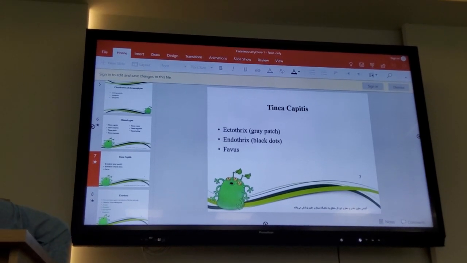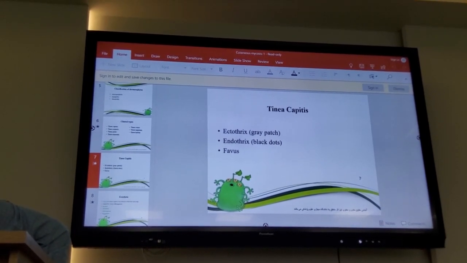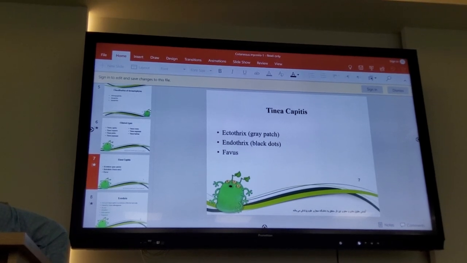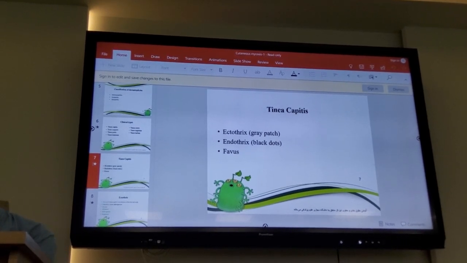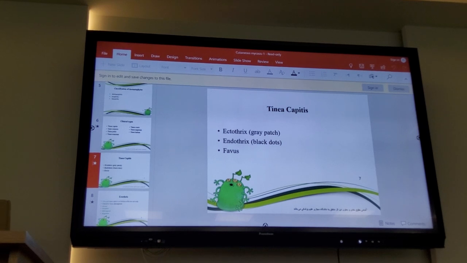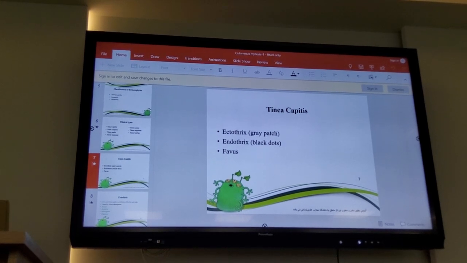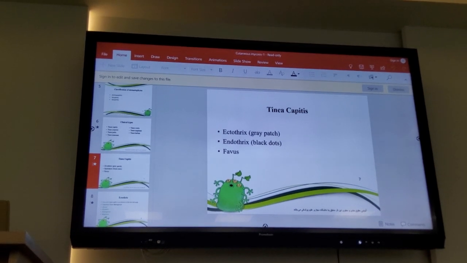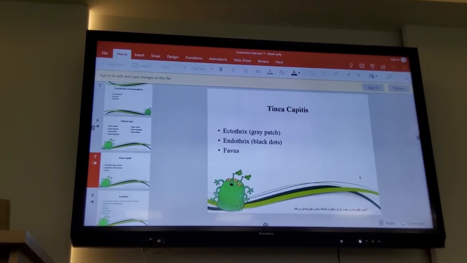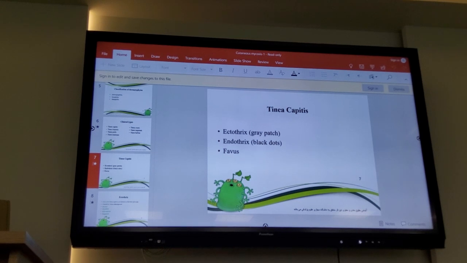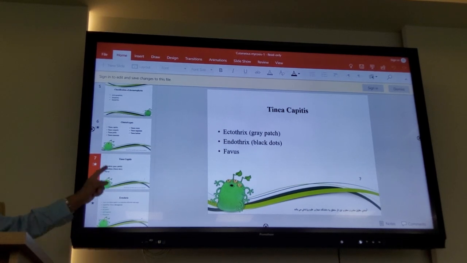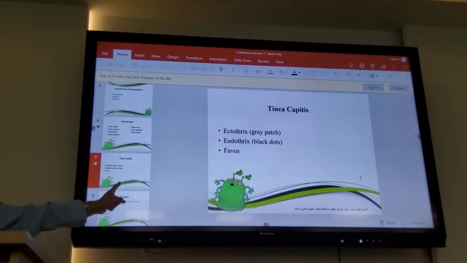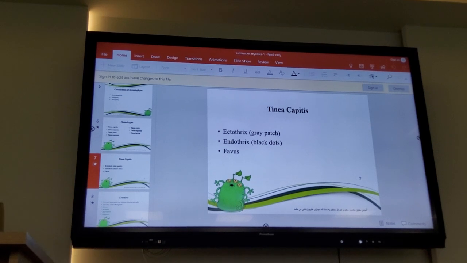We have three types of tinea capitis, not only in clinical but also in laboratory diagnosis: ectothrix, endothrix, and favus.